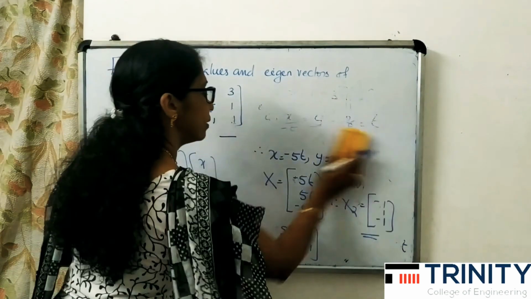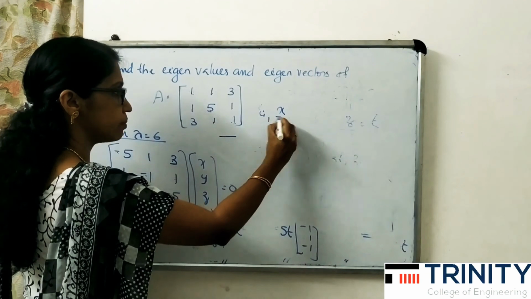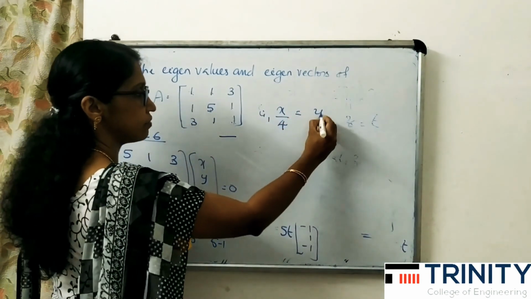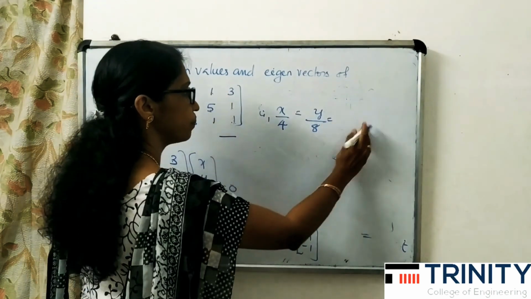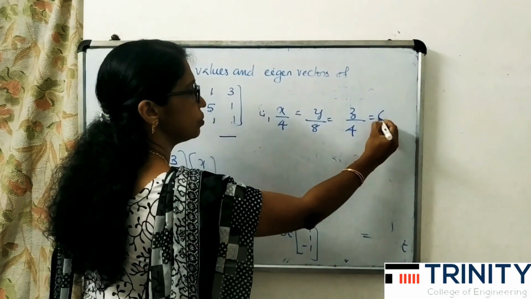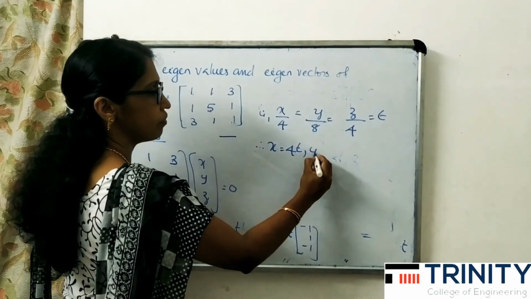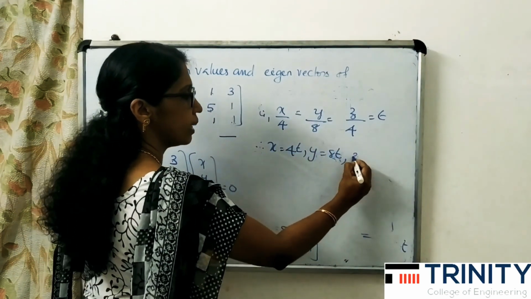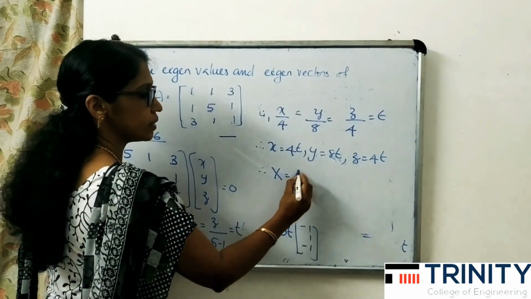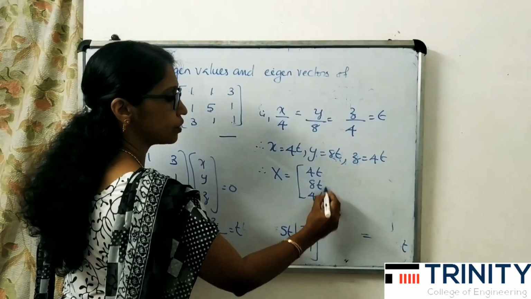That is, x by 4 is equal to minus y by minus 8, that is y by 8, is equal to z divided by 4, is equal to t. Therefore, x is equal to 4t, y is equal to 8t, and z is equal to 4t. Therefore, capital X is equal to 4t, 8t, and again 4t.